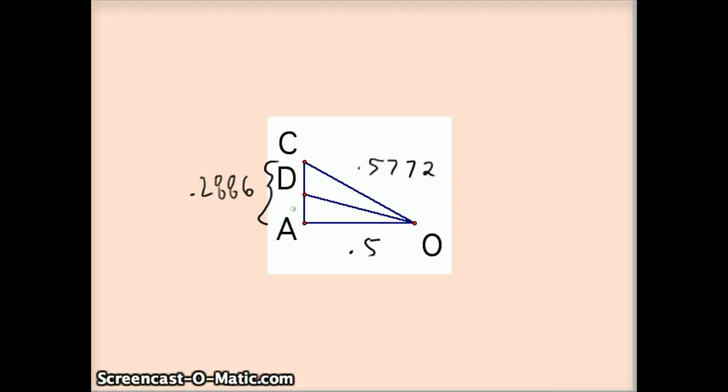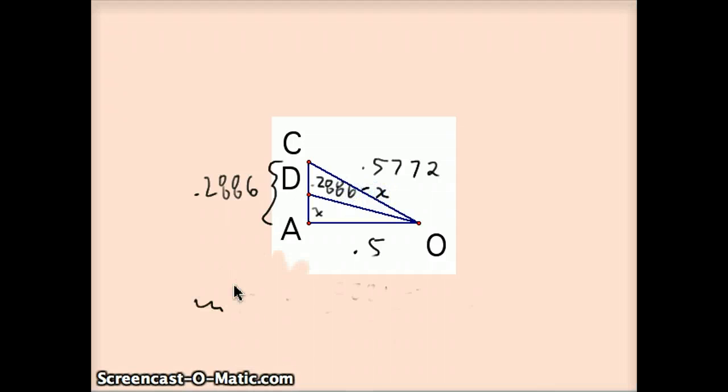Now we have an opportunity here. If we know all three sides of a triangle, we could use the angle bisector theorem. Our goal is to figure out what AD is. So if I call that x, then this one would be 0.2886 minus x. And now I can use the angle bisector theorem.